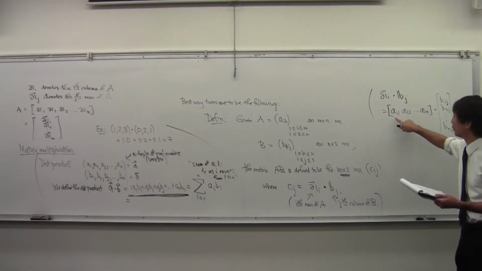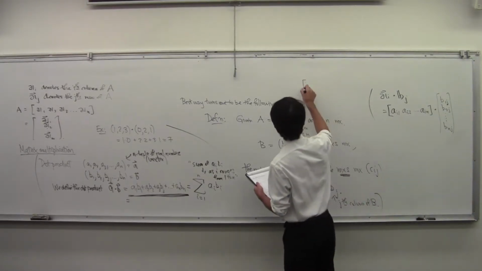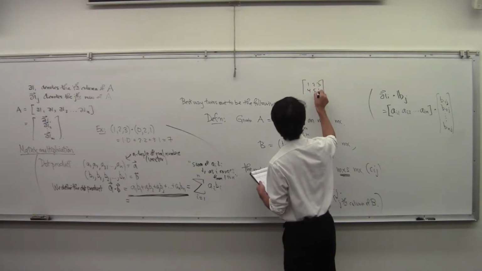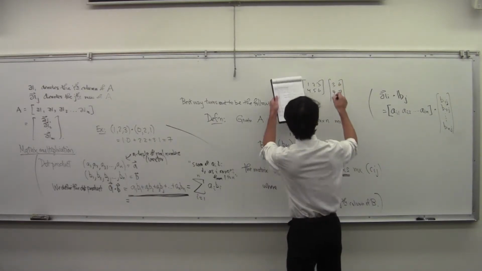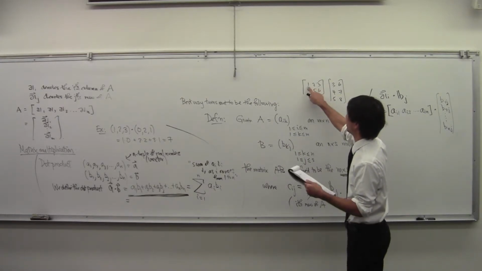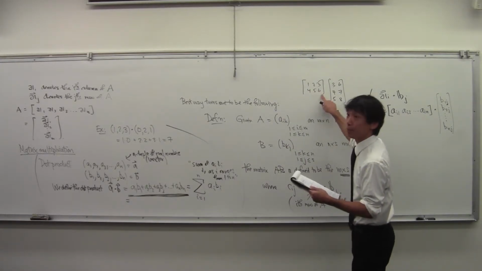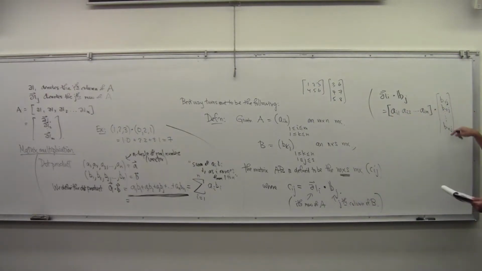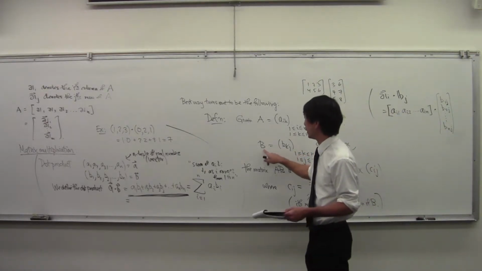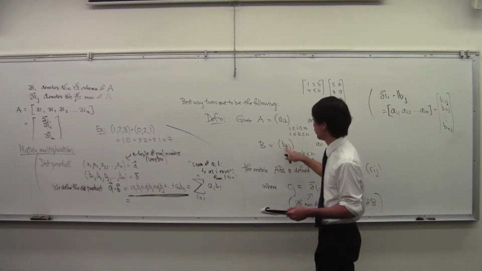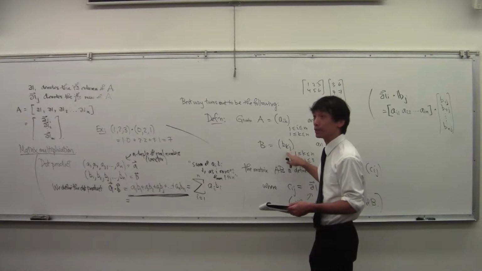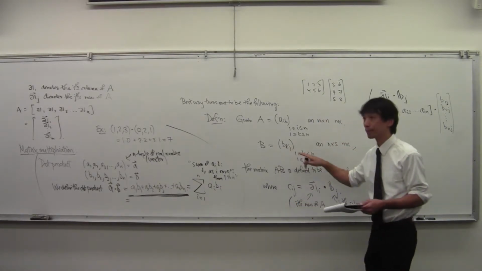So you have some matrix, 1, 2, 3, 4, 5, 6, and you're dotting it against some other matrix, 3, 4, 5, 6, 7, 8. Each of the entries is a number. So B is the matrix where B sub kj are the entries.